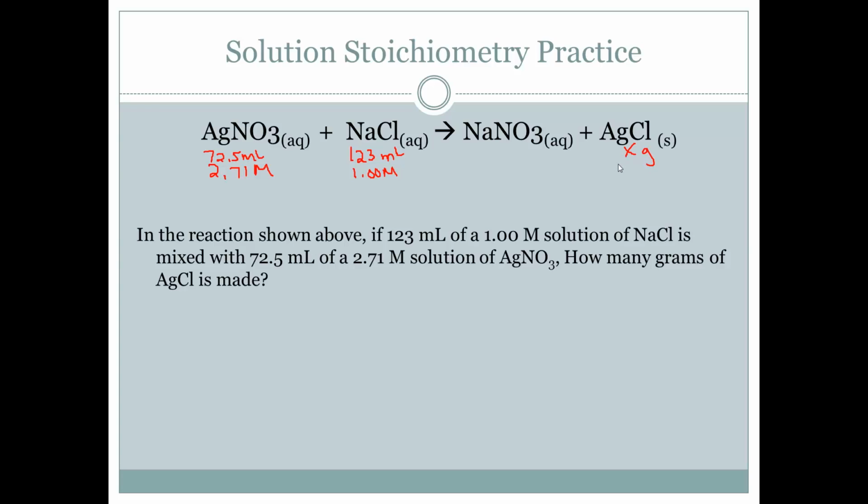So we have information about both reagents. Whenever you have information about both reagents, that means you need to find the limiting reagent before you determine the theoretical yield. So we just do it one at a time.